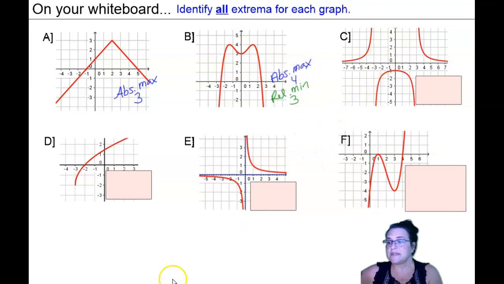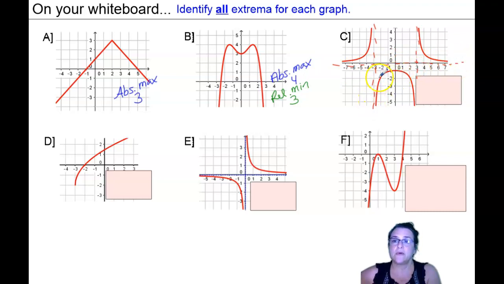In example C, remember this was our graph that had vertical asymptotes at negative 3 and at positive 3, since it's a rational function, and then a horizontal asymptote along the x-axis. Asymptotes do not count as extrema, so there is no relative minimum at 0, because this asymptote does not count as a local extrema.